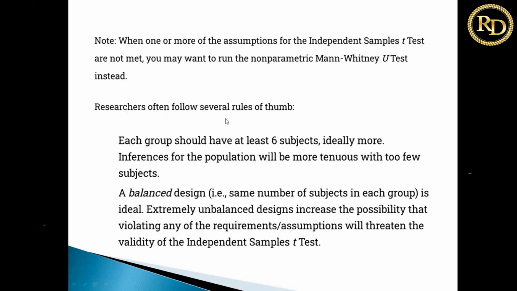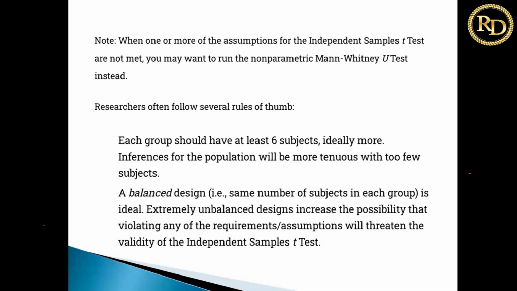Researchers often follow several thumb rules. What are the thumb rules? Each group should have at least 6 subjects. We know that if the observations are 6 or fewer, then it is better to use a non-parametric test than the parametric test.